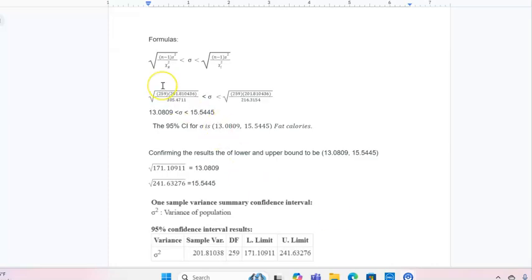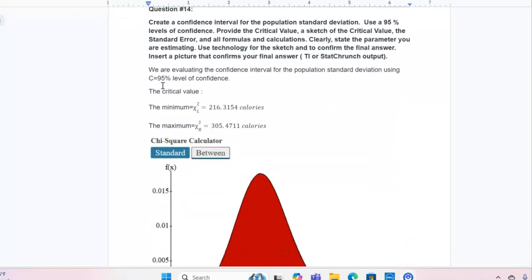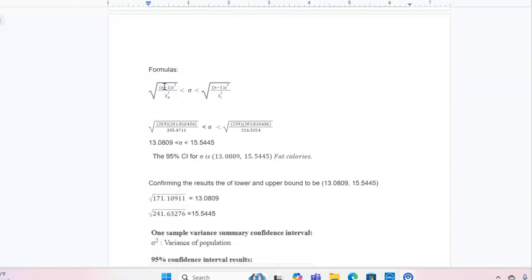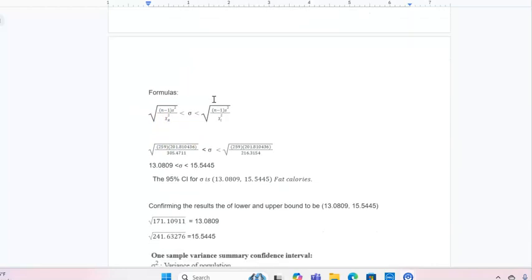The formula that we used in order to get the standard deviation is right here: it's the square root of n minus 1 times the standard deviation squared over the right critical value, and then the square root of n minus 1 times s squared divided by the left critical value.